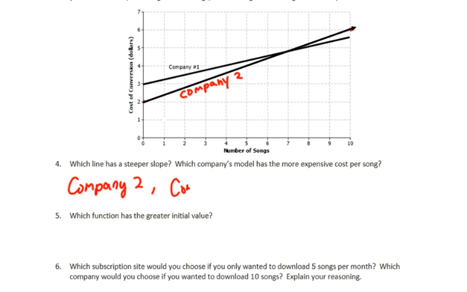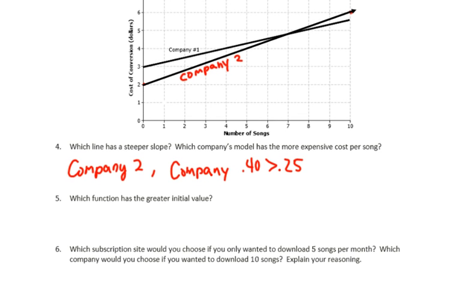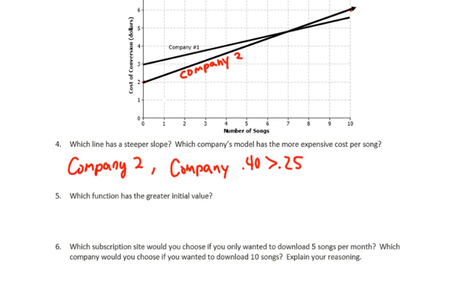That's also company 2. 40 cents is greater than 25 cents. And that steepness of the line also shows that the cost is more, because that represents the slope. Which function has the greater initial value? That's company 1. Company 1, you're paying $3 for your membership and not $2.